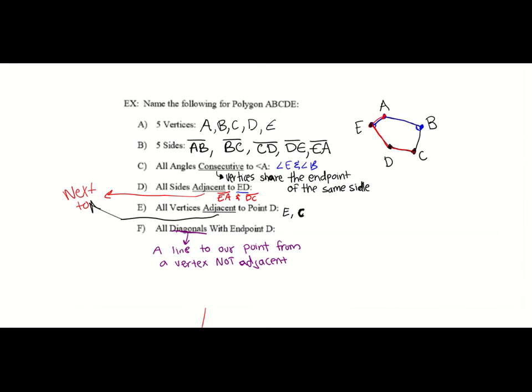So in this example, we are looking at point D, and we want to draw a line from vertices not adjacent. So that would mean not E or C. So we have a line from AD and a line from DB. Those are our 2 diagonals with endpoint D. So we can list those out. We have line AD and line DB.